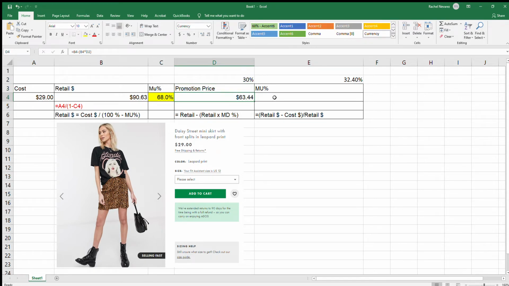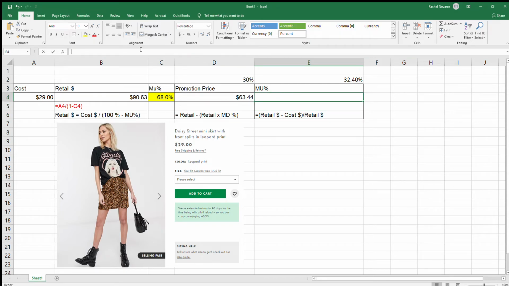Now, how do I know that this promotion price with this cost still meets this 32% markup percentage that I'm required to have as the buyer of this department? We are going to calculate our markup percentage in this field.